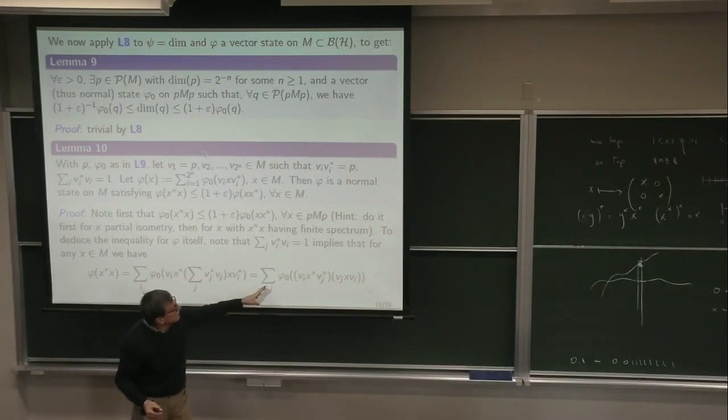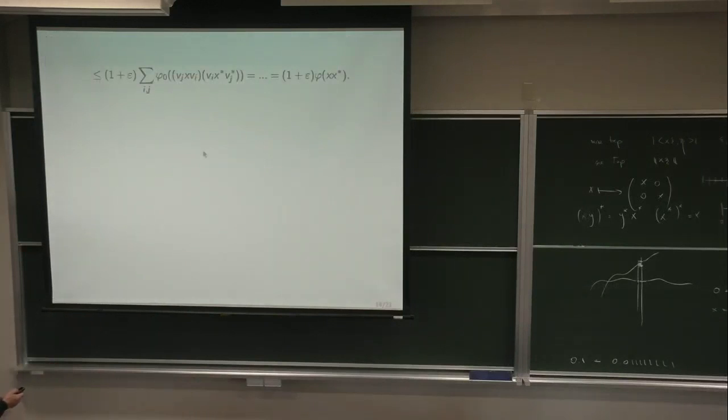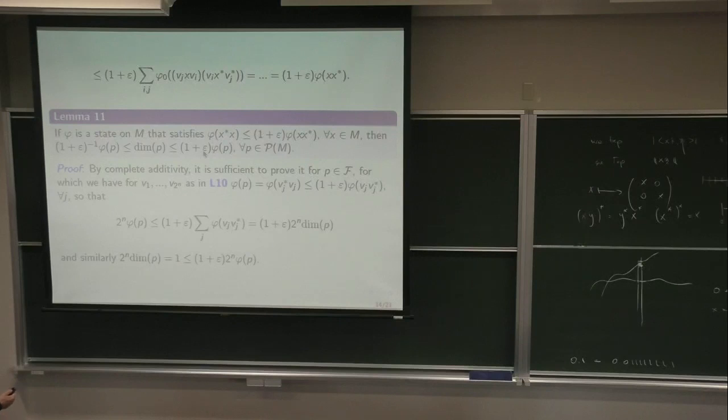But this is equal to this, and now I change the summation from I, this was first in I and then in J, and so it's less than or equal, by the first part, changing the summation and doing exactly the same calculation, which gives you 1 plus epsilon phi of x star x. So it's very simple.